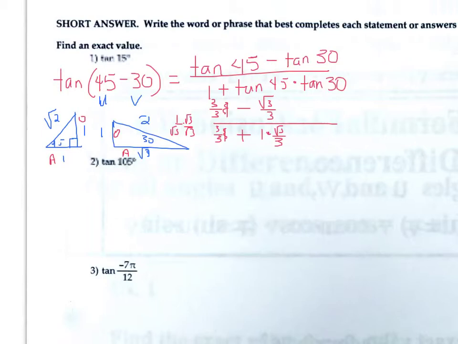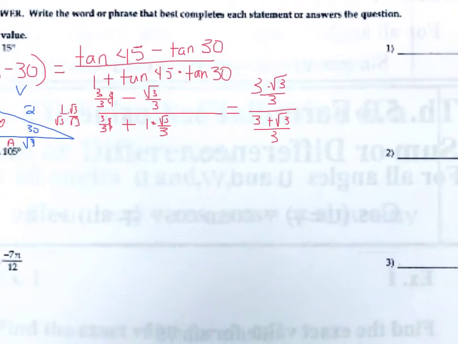And now at this point I can say, okay, so the numerator could be (3 minus square root of 3) over 3, and the bottom could be (3 plus square root of 3) over 3. So far, so good?